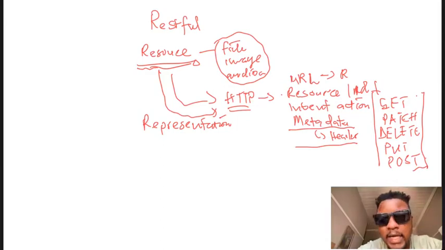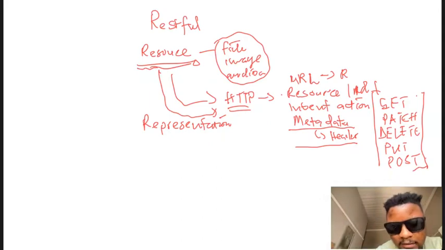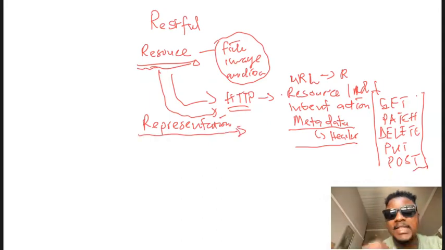So you are telling the other computer, which is the server, what you want to achieve via transferring a representation of your action and data. Let's say you want to update your name.